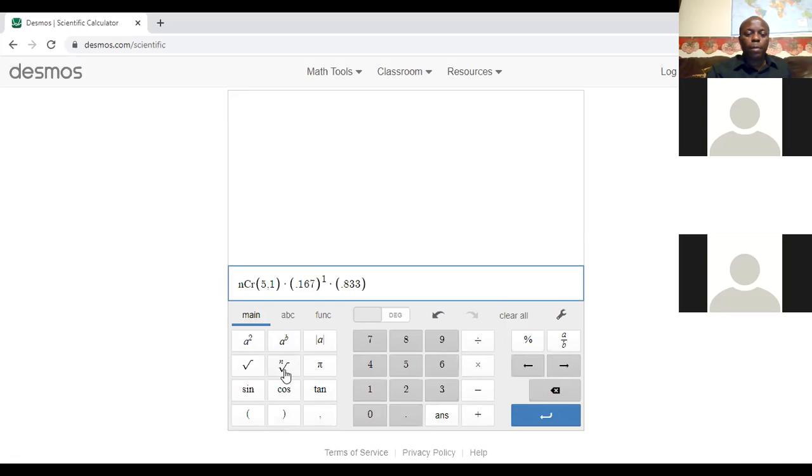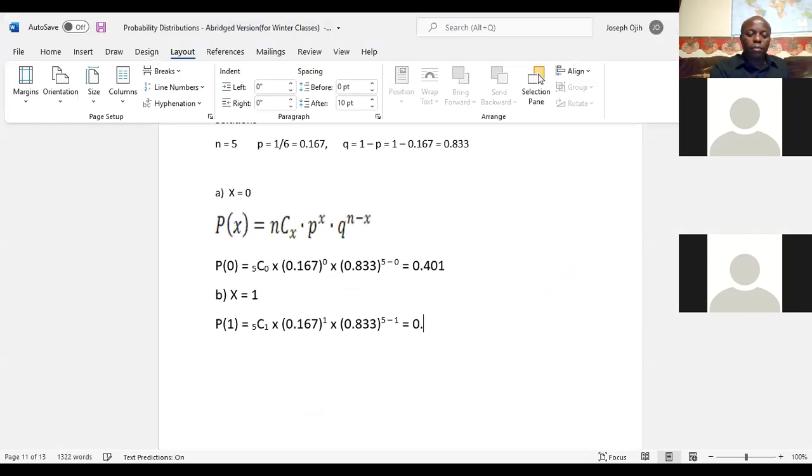So raised to the power 4. That gives 0.402. So you put 0.402.